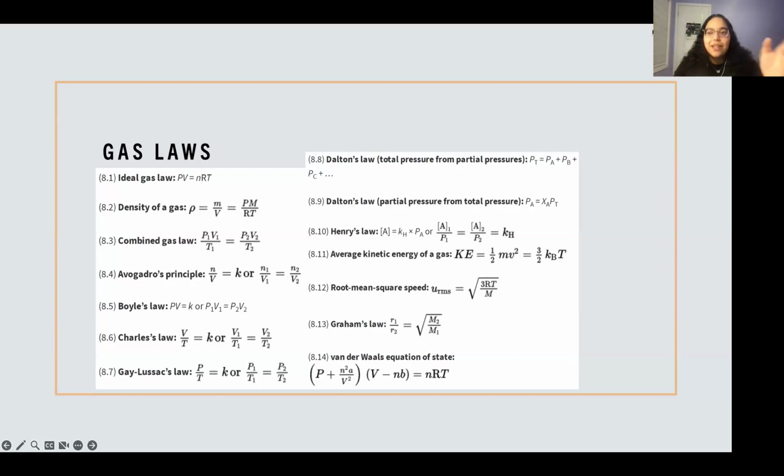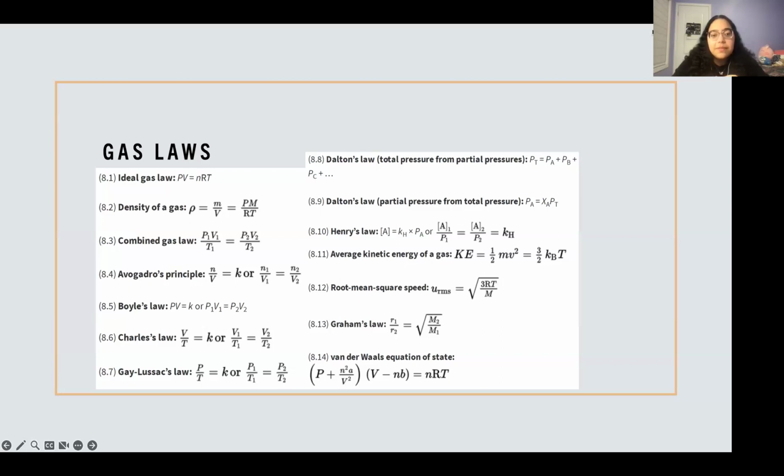So that product PV will stay constant. There's also Charles' law where V over T stays constant, and Gay-Lussac's law where P over T stays constant. So any part of that PV over T, you can use only two of those and those will still be constant. There's Avogadro's principle as well, where the number of moles divided by volume is also a constant.